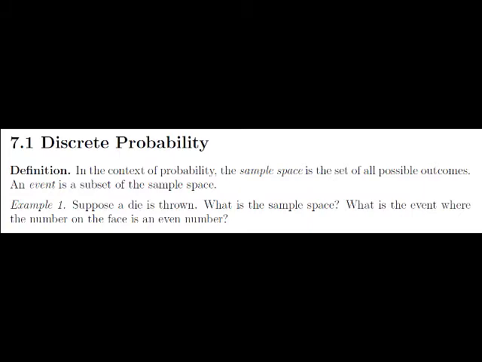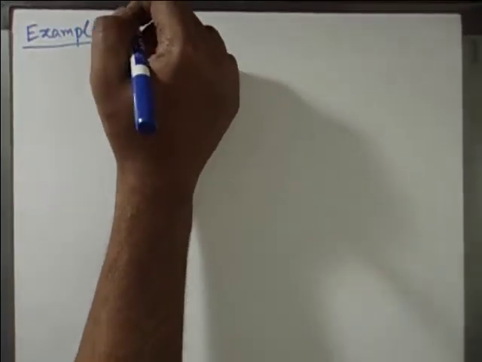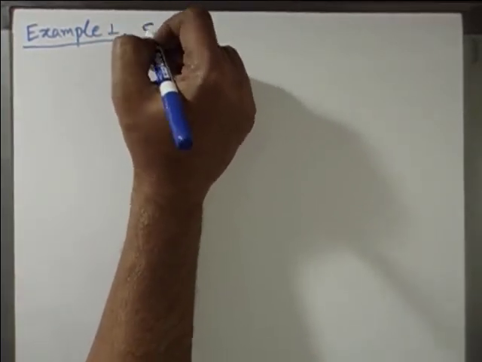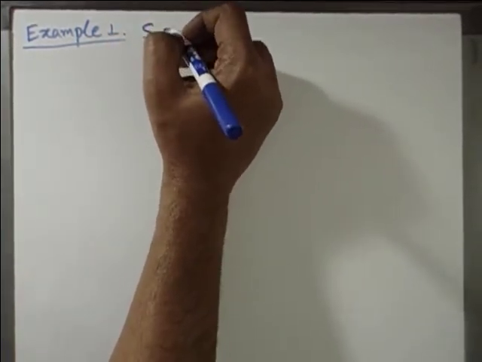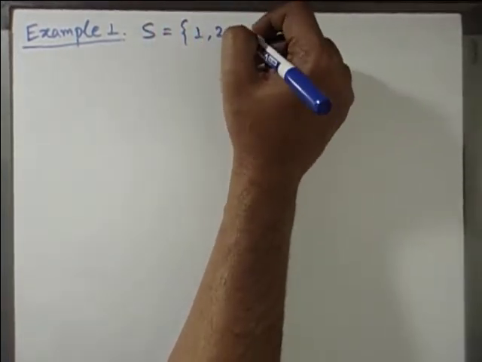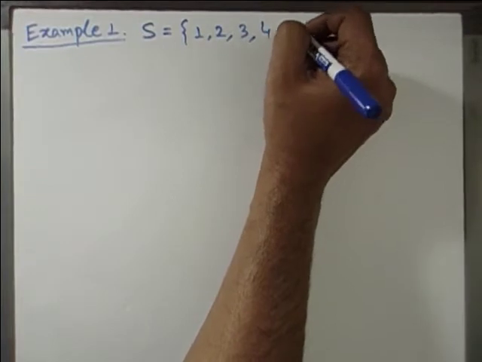So let's try the first example. 1. Suppose a die is thrown. What is the sample space? What is the event where the number on the face of the die is an even number? So the sample space is always denoted by the set S, and in this case it's 1, 2, 3, 4, 5, 6.